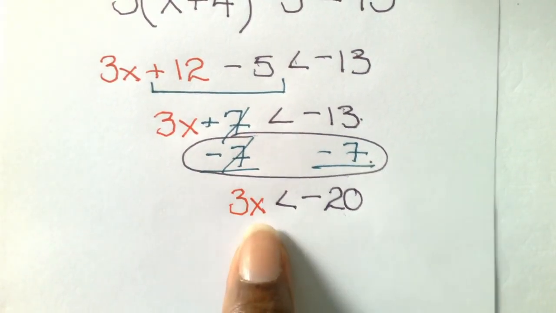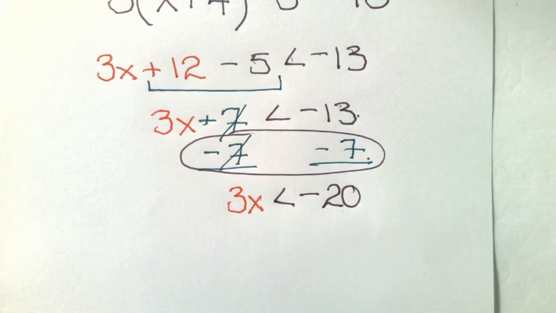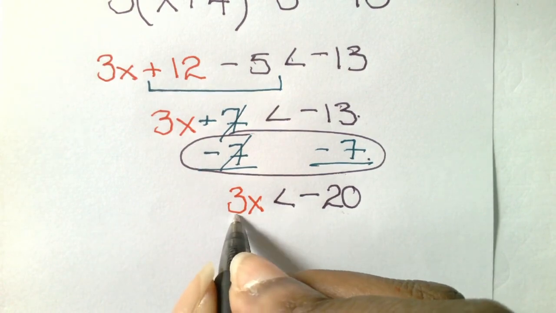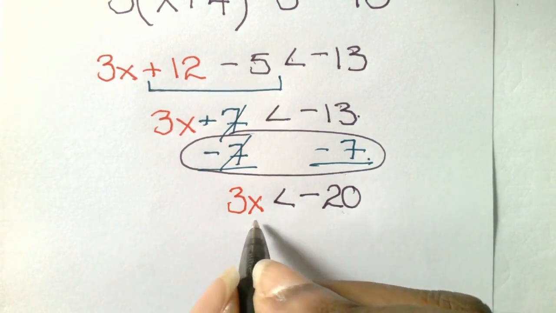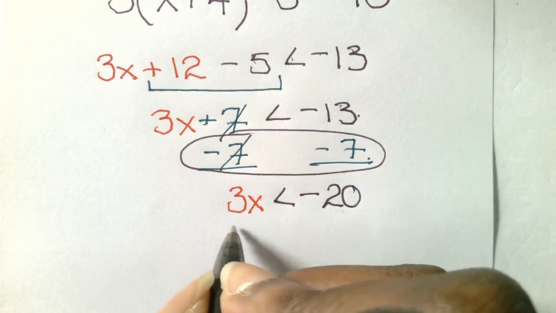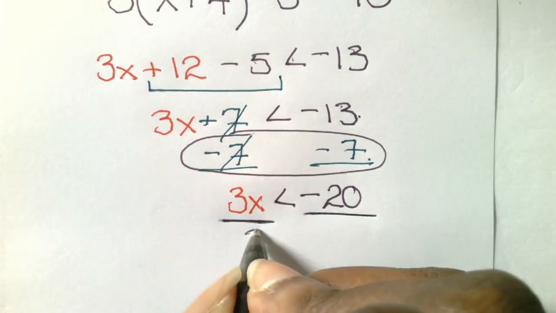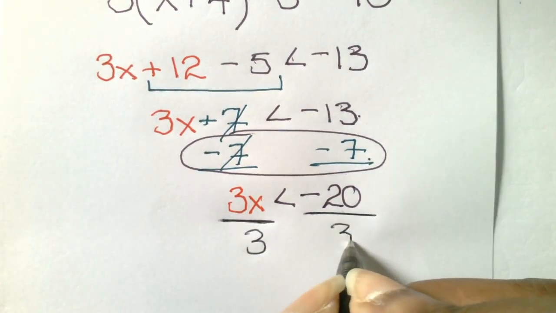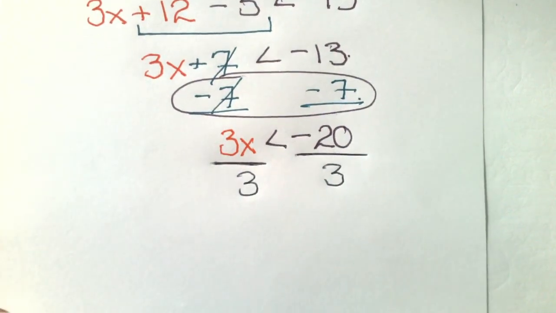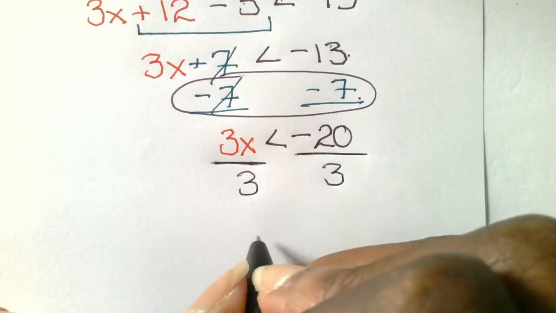Now we have 3x is less than negative 20. So what do we need to do? We need to do the inverse of 3x. 3x is 3 times x. The inverse, we're going to divide, and we're going to divide by 3, because the goal is to get x by itself. So 3 divided by 3 gives me 1.